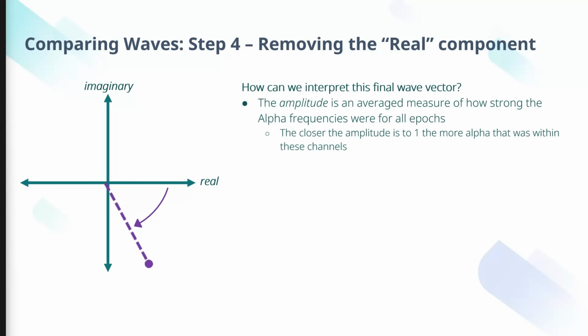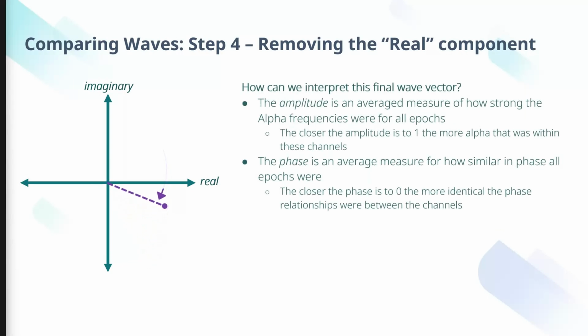So the larger it is, again, the more alpha there will be. And then the phase of this new combined wave is an average measure for how similar in phase all these epochs were all averaged together. So the closer that phase is to 0, so the smaller that angle is from the real axis, the more identical the phase relationships were between the channels.